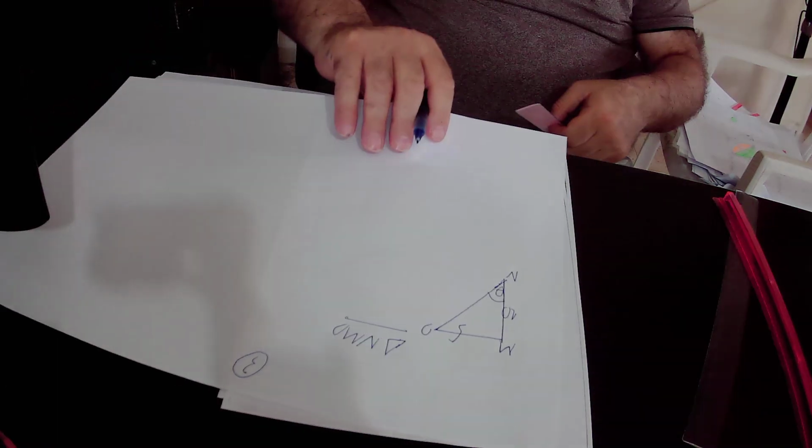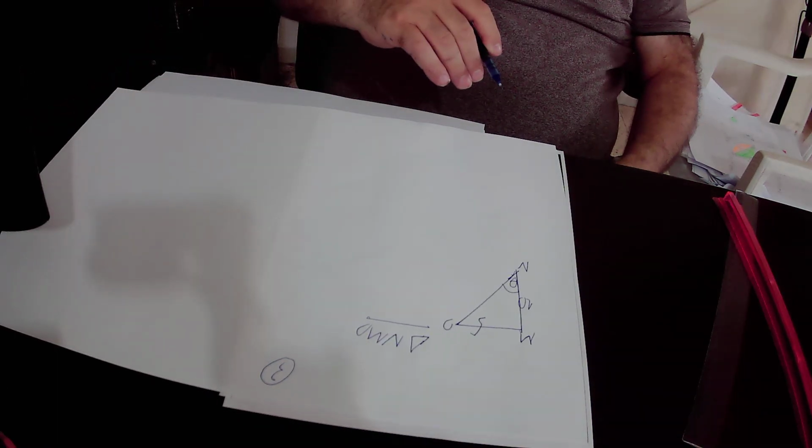So this is the right triangle NMO that I copied from the original drawing.